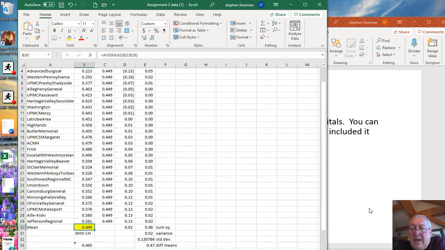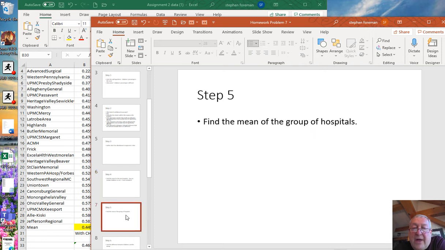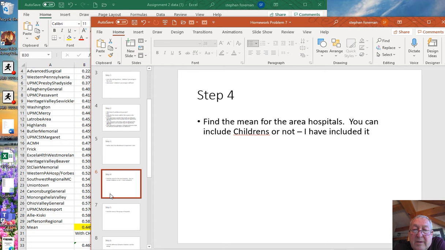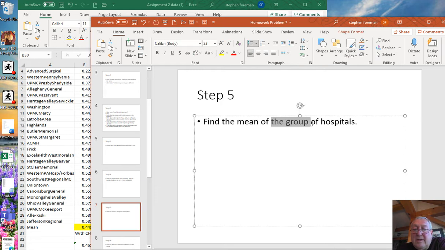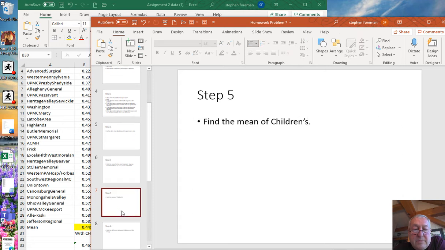And then we find the mean of the group of hospitals. We find the mean of children's, which, as we saw, was 0.031.